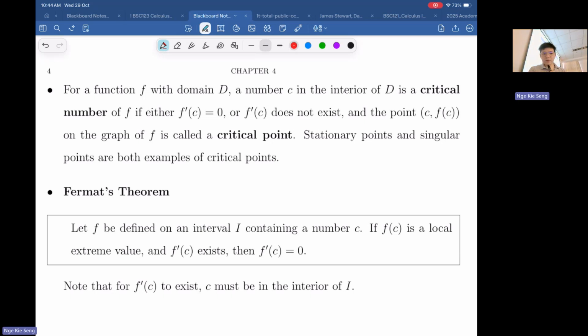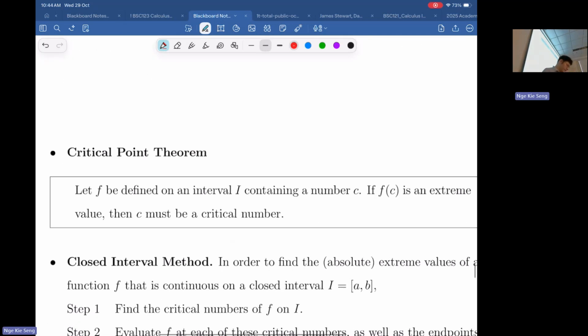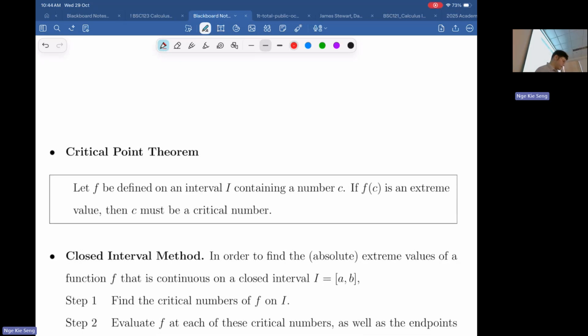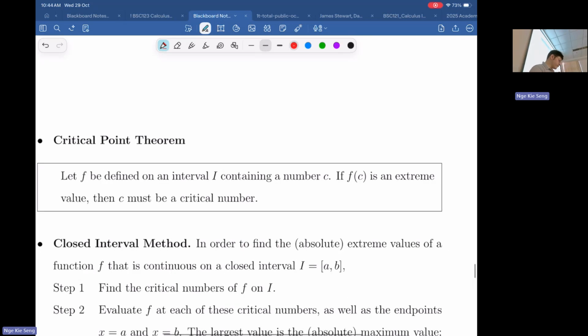So this is the point of Fermat's theorem. And more importantly, from this critical point theorem, if f(c) is an extreme value, then c must be a critical number.